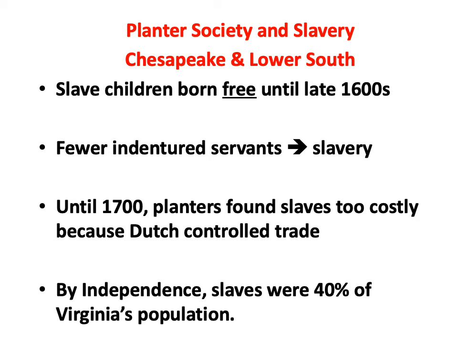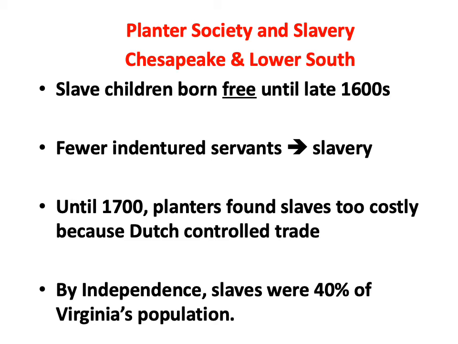As I mentioned in the last module, the fact that there were fewer people in Britain willing to serve as indentured servants was a major factor leading to a greatly increased amount of slavery, and also the fact that the Dutch control of the slave trade from Africa was reduced, and there was greater competition and that brought the price of slaves down.